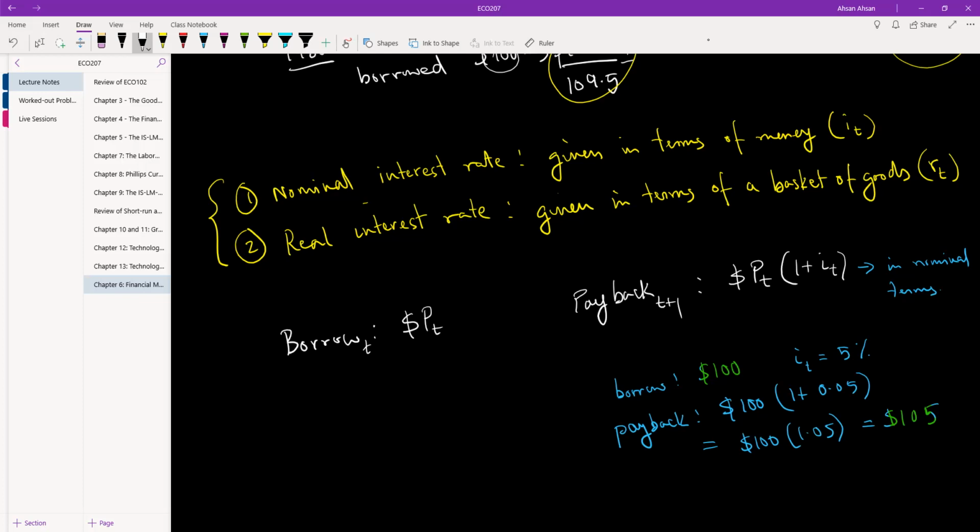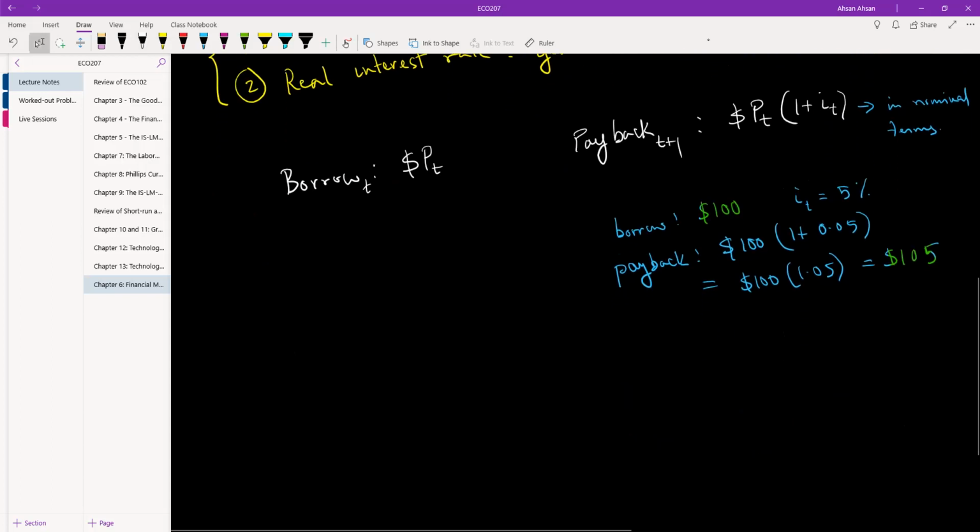If there has been, let's say, 5% inflation, so you're paying 5% interest, but you've also experienced 5% inflation. So effectively, you've borrowed 100, and in real terms, you're also paying back 100. You haven't had to pay anything extra in inflation.